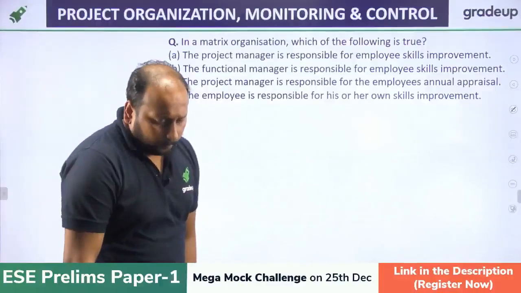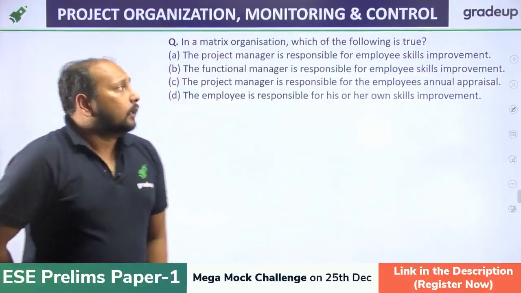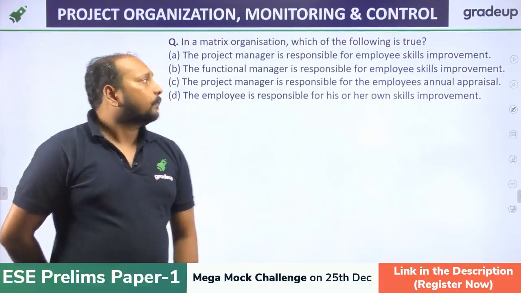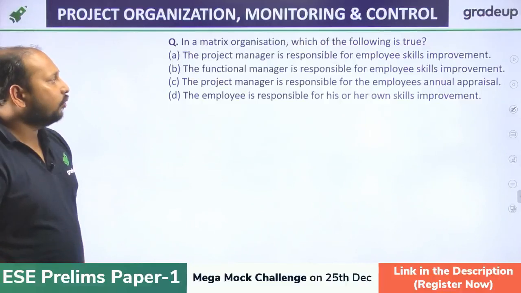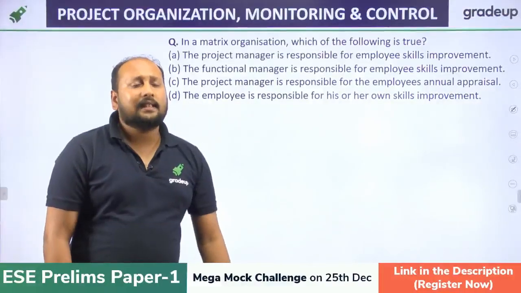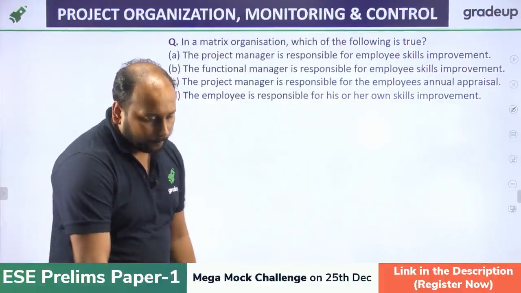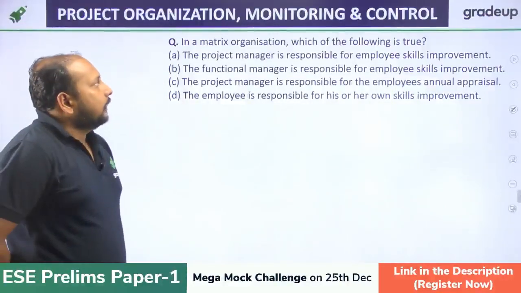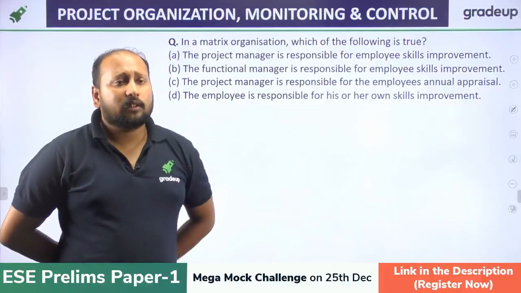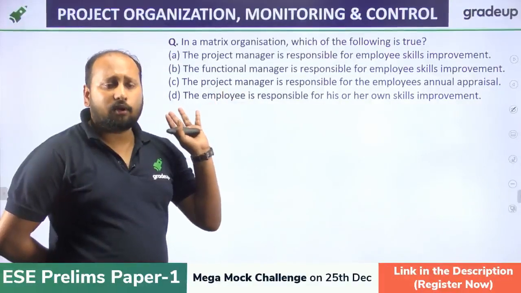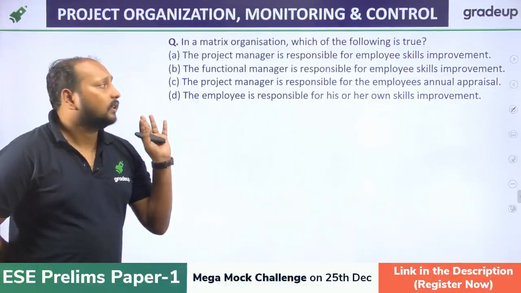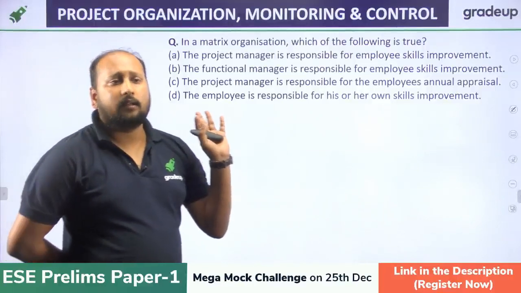Okay. First question. In a matrix organization, which of the following is true? Read the statement carefully and do let me know. By reading the statement, you can easily answer the problem. Just remember, whenever you're talking about matrix organization, remember the diagram which I've shown you. By using that diagram, you can get the answer.